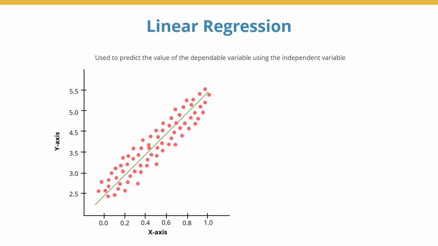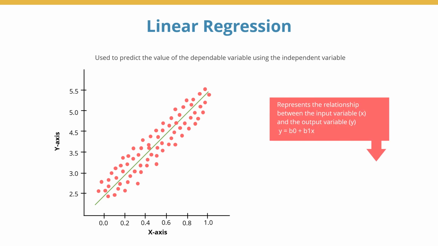The linear regression model represents the relationship between the input variables x and the output variable y of a dataset in terms of a line given by the equation y = b0 + b1x, where y is the dependent variable whose value we want to predict. x is the independent variable whose values are used to predict the dependent variable. b0 and b1 are constants in which b0 is the y-intercept and b1 is the slope.